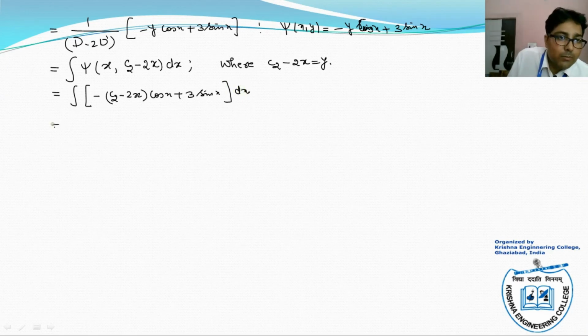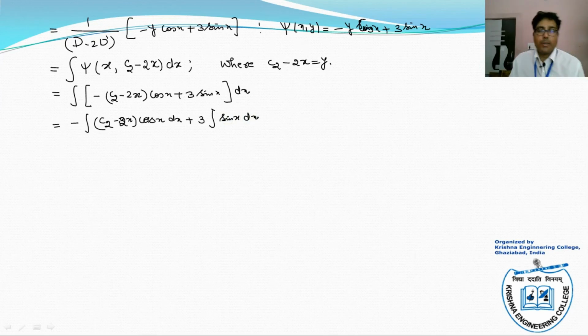Now separate the terms: integration of (c2 - 2x) cos x into dx plus 3 into integration of sin x into dx. Clear?